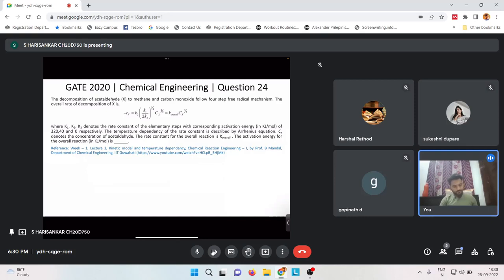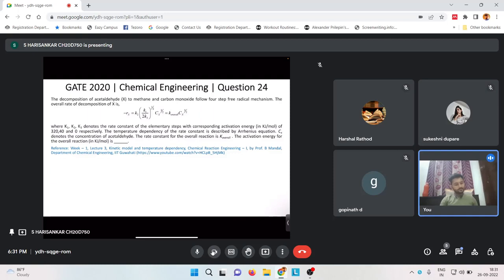The overall rate of decomposition of X is -Rx = (K2 (K1/2K3))^(1/2) Cx^(3/2), that is equal to K overall Cx^(3/2), where K1, K2, K3 denote the rate constants of the elementary steps with corresponding activation energy in kilojoule per mole of 320, 40 and 0 respectively.